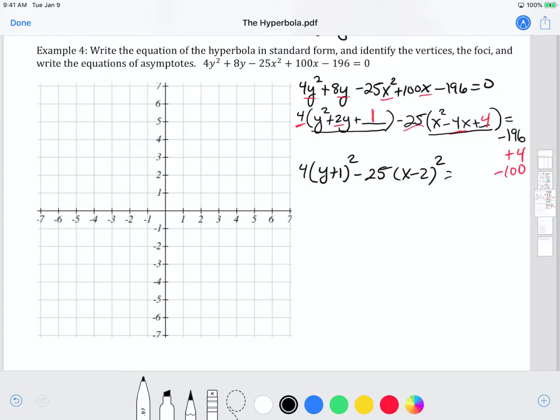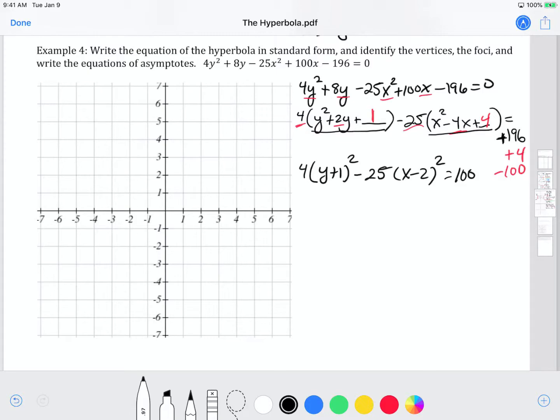And then on the right-hand side, if I take 196, whoops, that should be a positive because I added 196 to both sides, my bad. If I take 196 and I add 4 and subtract 100, that's going to give me 100 on the right-hand side.